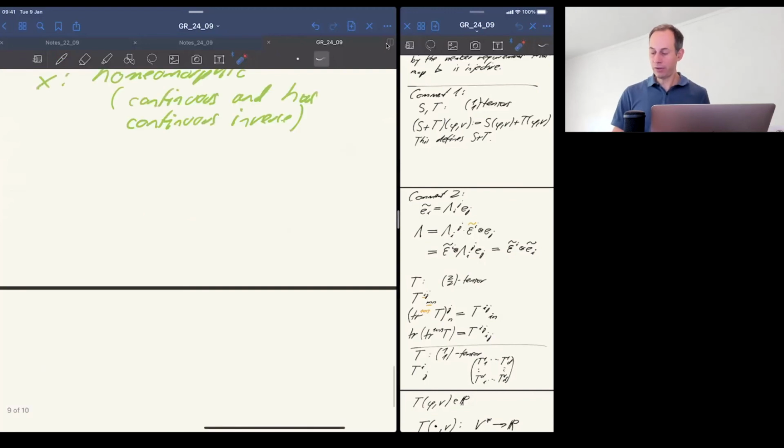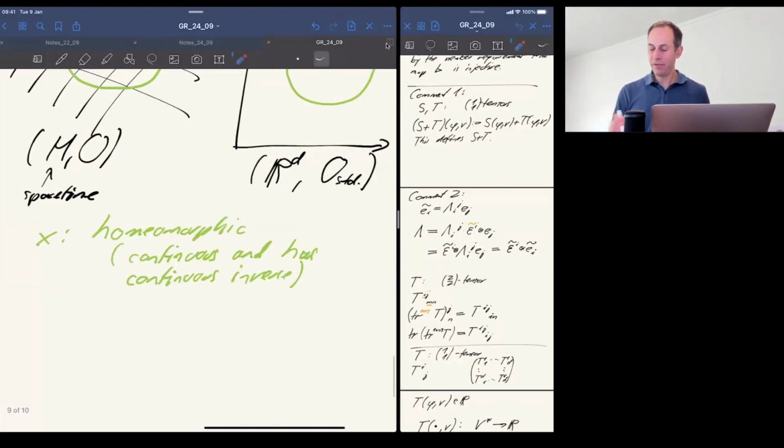Now, by the way, what does continuous mean? Maybe you remember, the general definition of being continuous is that the preimage of any open set should again be open. That's how it relates to topology. So it's this generalized notion of continuity that you should have in mind.